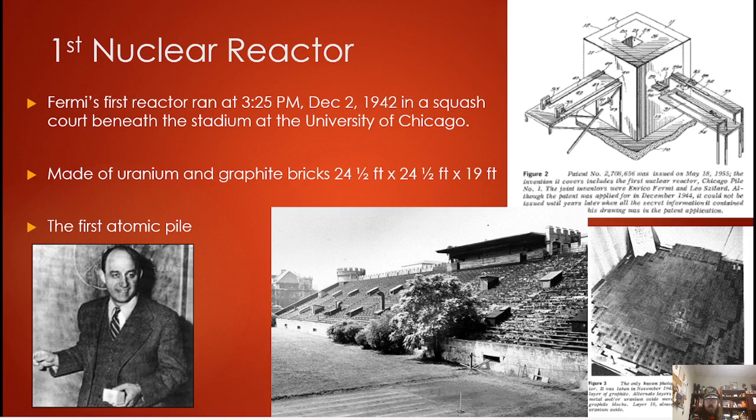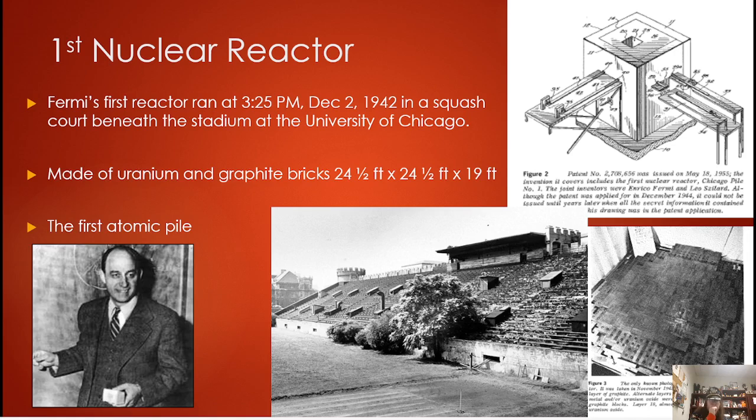They had a bunch of uranium and graphite bricks, and the graphite is there to slow down the neutron capture. Basically, they slowly pulled out the blocks, and as they pulled out the blocks, they were able to measure the radioactivity being produced at a controllable rate.